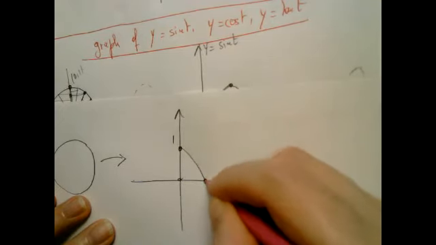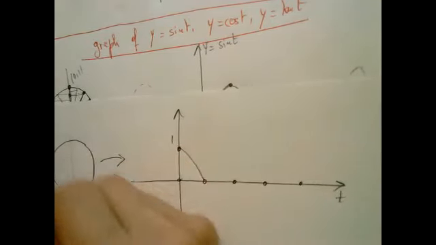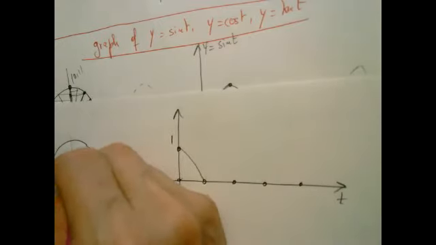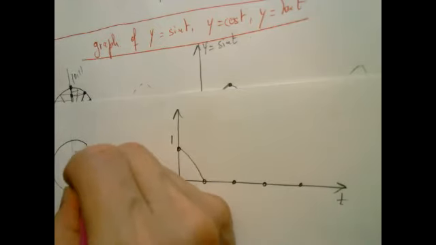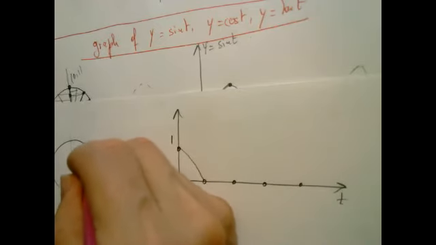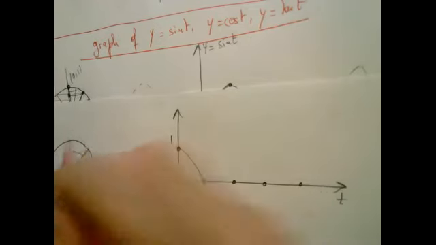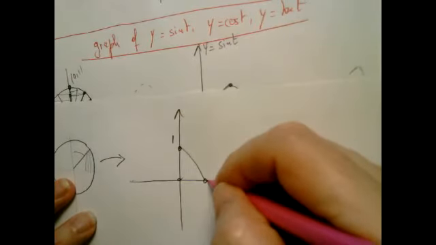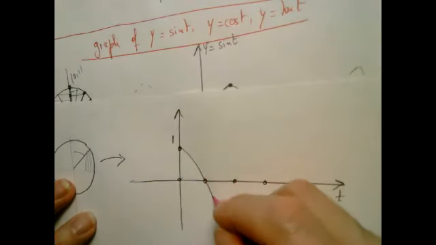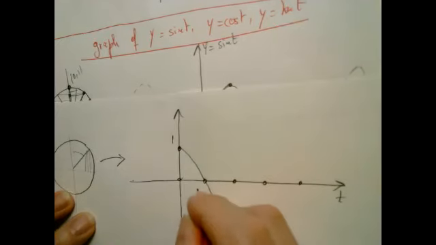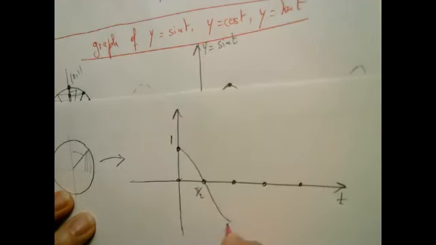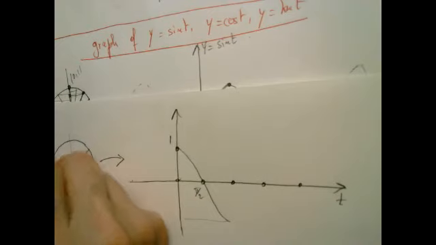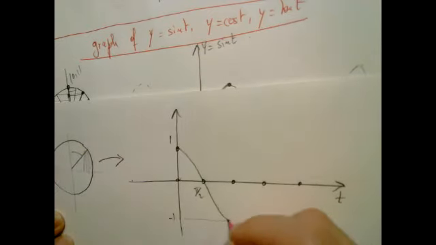It's going to be positive, getting less positive. It's the x coordinate. So as the angle moves, the x coordinate is still positive, but it's heading toward 0, and that's at pi over 2. And then at pi, when I am right here, it takes its value -1.